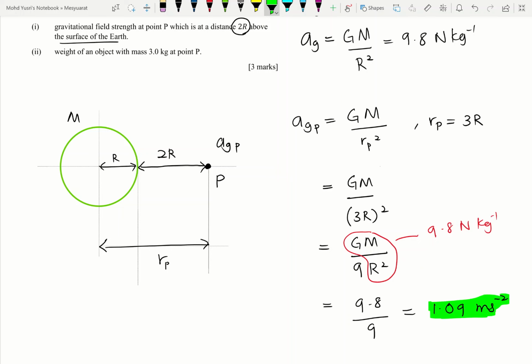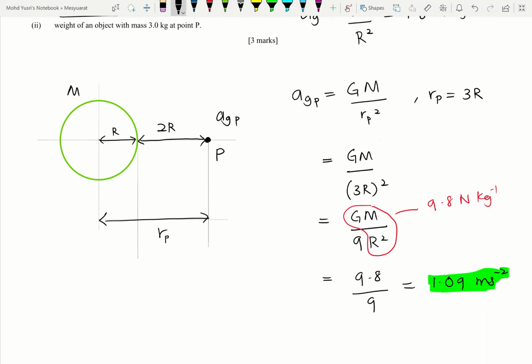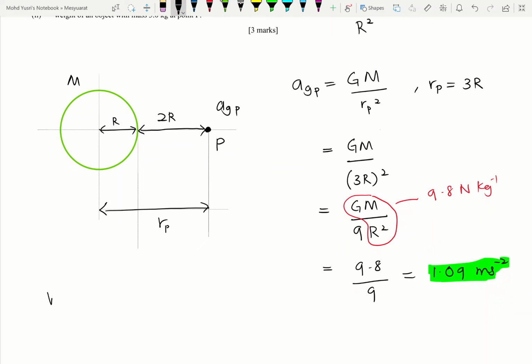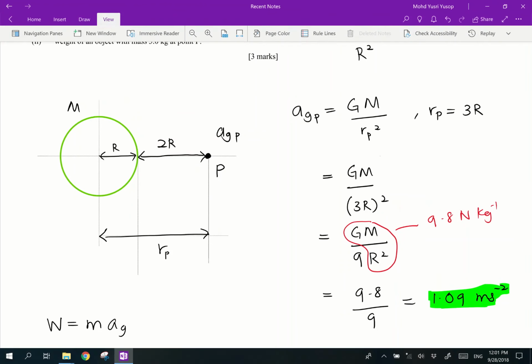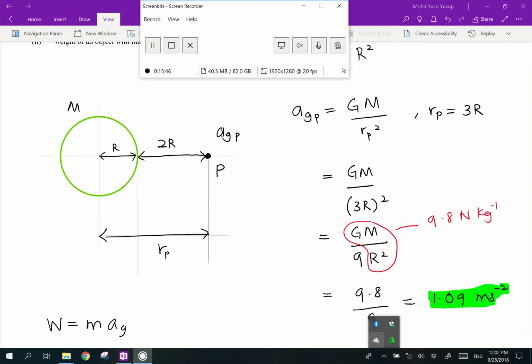Question 5B2. What is the weight of an object with mass 3 kg at point P? The weight is equals to mass times the gravitational acceleration. So 3 times 1.09 meter per second square or Newton per kilogram. Okay, so tekan calculator, substitutekan that value.